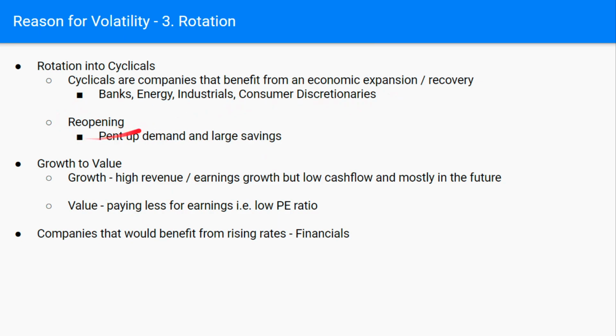And then we know because of reopening, there is a lot of pent up demand and large savings people have, which they are going to utilize. And then the biggest beneficiaries of this will be banks, energy companies, industrial companies, or consumer discretionaries. And finally, some of the companies like financials, they benefit from rising interest rates as well.